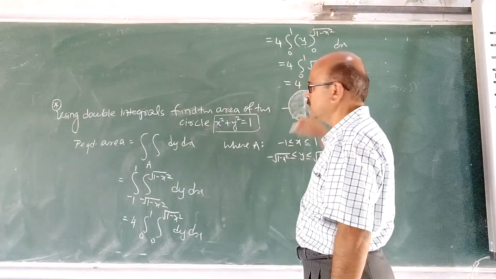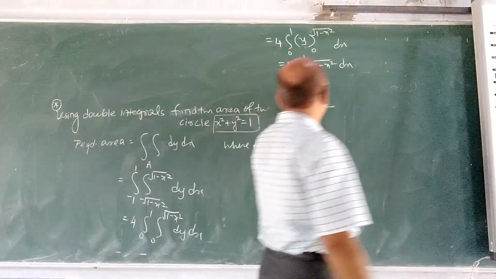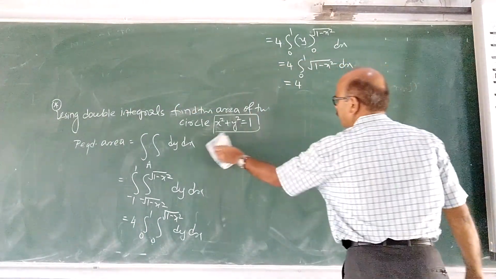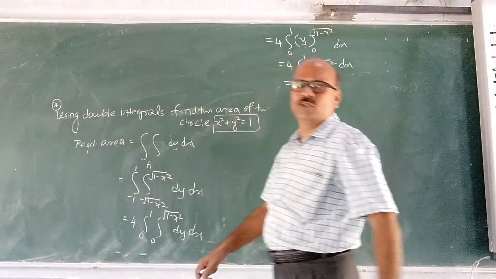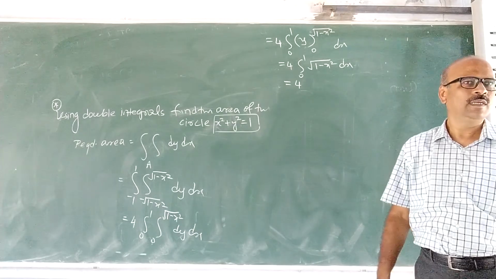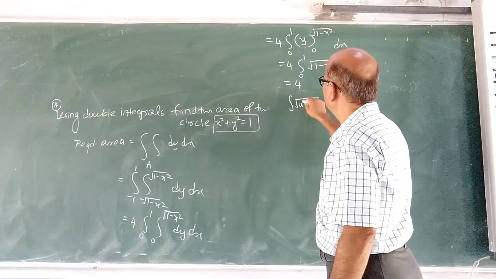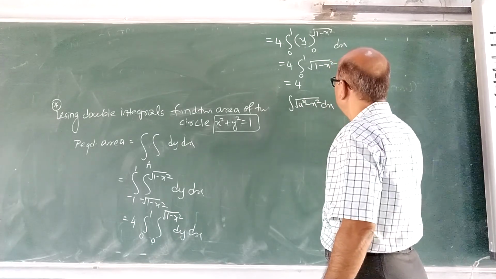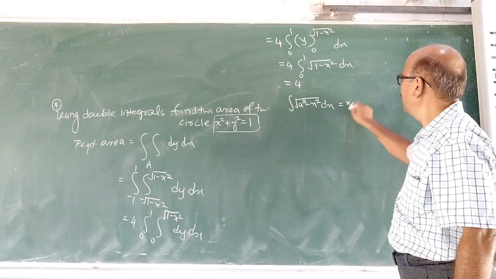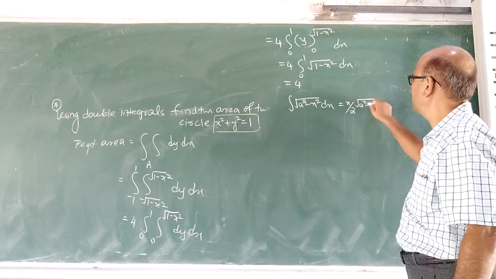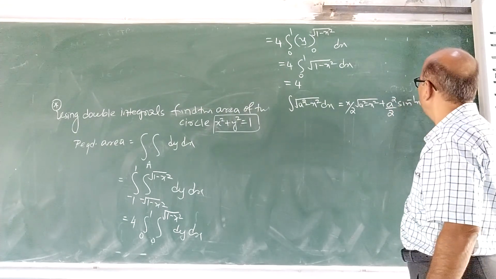It is 4 into. Anyway, what is the integration of root 1 minus x square? What is the formula? We used it in the previous class, yesterday. The integral of root a square minus x square with respect to x. The formula is x by 2 square root of a square minus x square plus a square by 2 sine inverse of x by a.